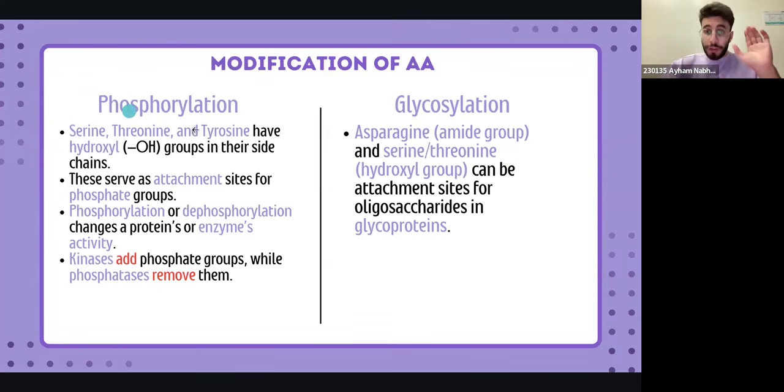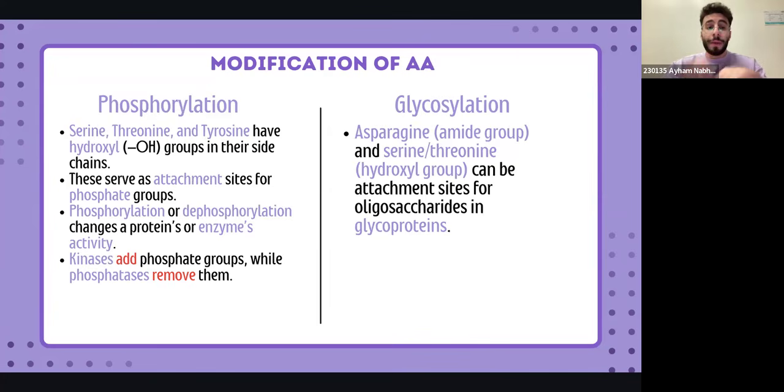So the phosphorylation would happen for serine, threonine, and tyrosine amino acids, where they have a hydroxyl group, which is an attachment site for the phosphate group. Once the phosphate binds to it, it might phosphorylate it or dephosphorylate it depending on the enzyme that is working.